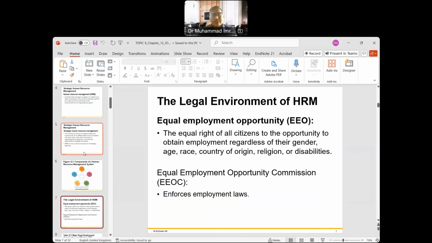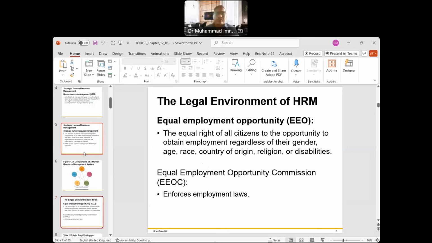So the Equal Employment Opportunity Commission, this is one of the commissions working in the USA. We can also have it in our Malaysia, but with a different name, to enforce employment laws. Whatever laws the government proposes for laborers, the company must fulfill them. So whether they are observing them or not, who will make sure?